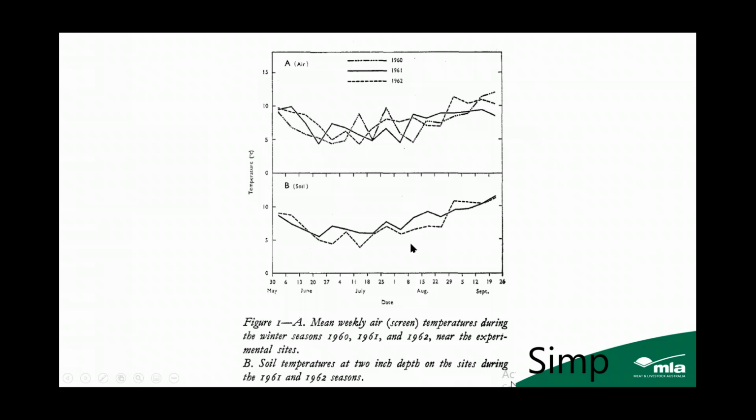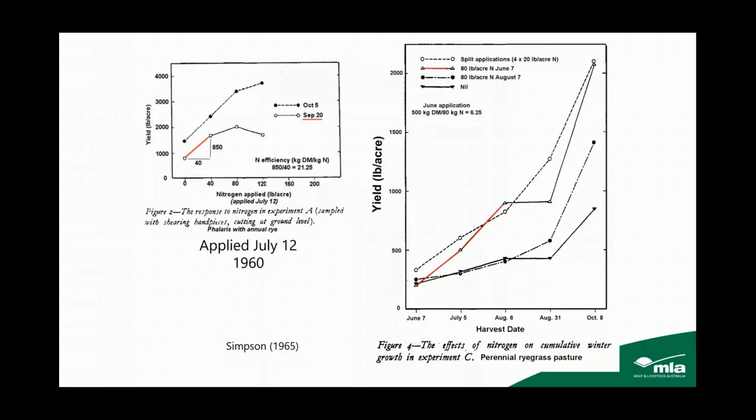I didn't want to say much about ground temperatures, because this is at 5 centimetres or 2 inches, as it says down there, we just don't have a lot of responses or modelling available to us in response to ground temperatures. So I tend to leave it, it's a bit of a shame, because it would be more useful, particularly from the mineralisation aspect. Let's have a look at some of his work.